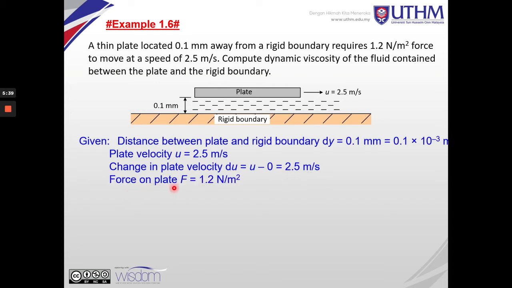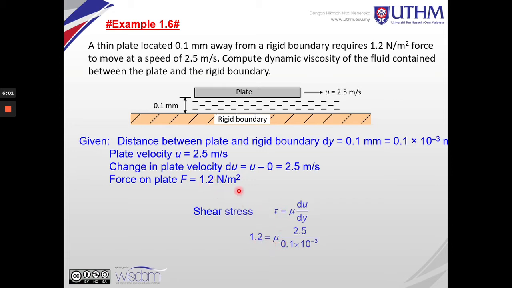So force on the plate F is 1.2. The force they give you is 1.2 Newton per meter squared. So we have to find the shear stress here using these equations. Just put in all the values you get from here, 1.2 for the force.